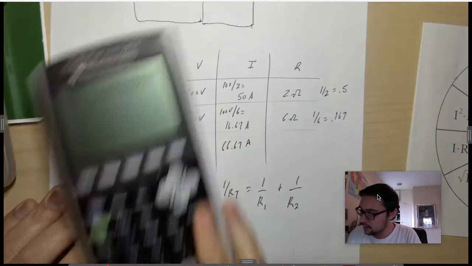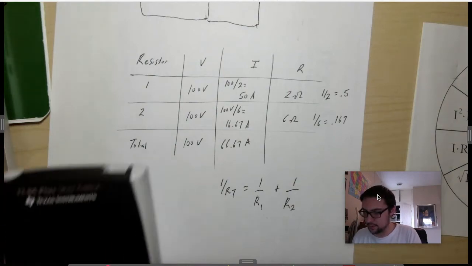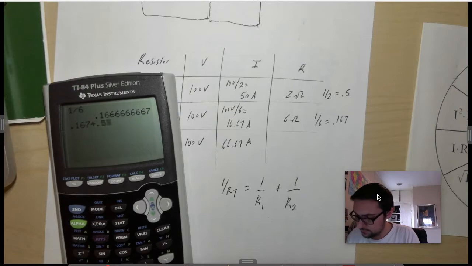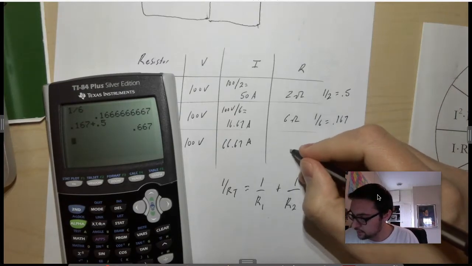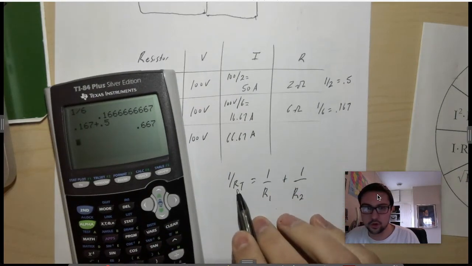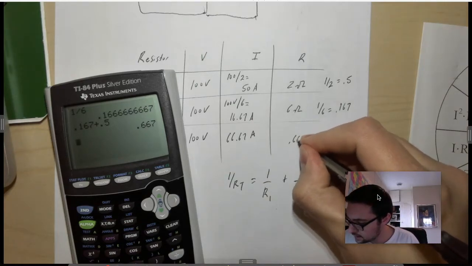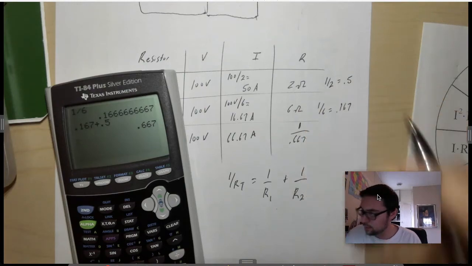And the next thing I'm going to do is I'm going to add those two up. 0.167 plus 0.5, and I get 0.667, but that's not the total, remember, because the total is 1 over RT, or 1 over R total. So I have to divide with 1 on top.